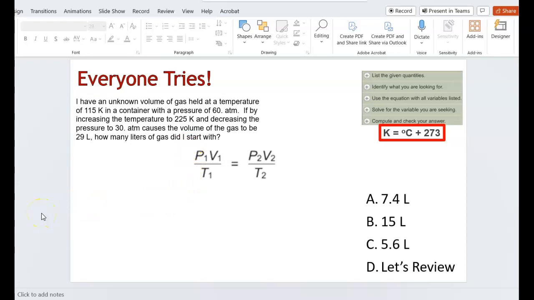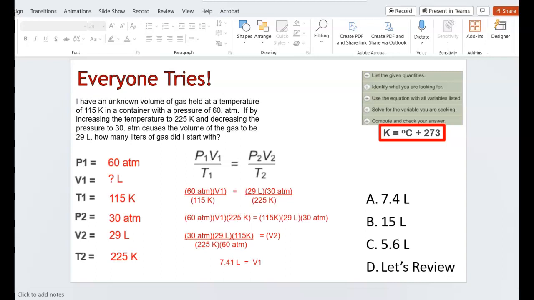Pause the recording again if you need to take another look. Here's the answer. Again, we're solving for initial volume. Atmospheres match, Kelvin matches, so we just have to plug in and solve.